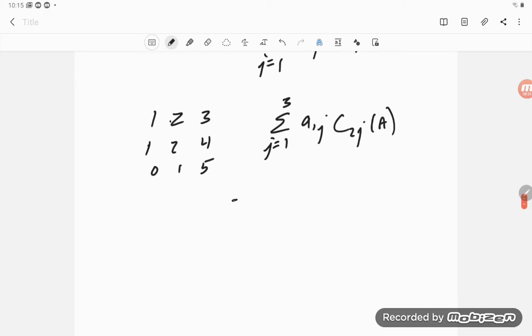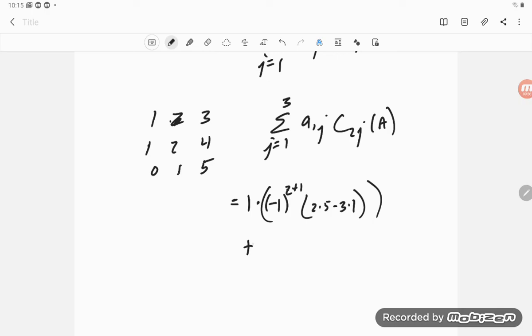So to do that, this is equal to, well, a_11 is 1. And then the cofactor here, now I need to remember my -1, so this is -1 to the 2 plus 1, because I'm doing a cofactor of 2j. And then I need the 2 and the 5, that multiplication, so 2 times 5 minus 3 times 1. Okay, so I have that one.